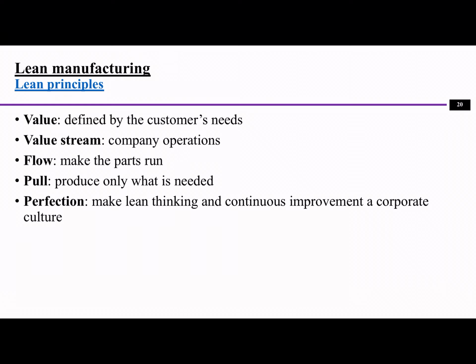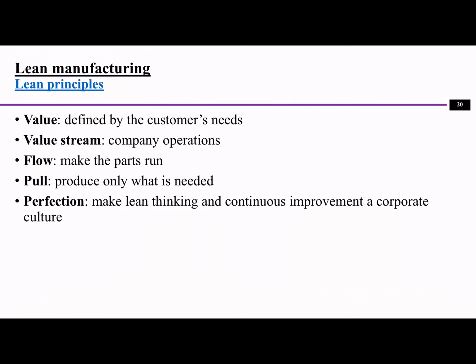Right? You hold a lot of inventory, you spend a lot of money on managing the inventory. The customer does not want to pay for that, because that's not a necessary value to produce that kind of phone. You can definitely reduce that, right? So that's the value. You have to define what is the real value to the customer's needs.